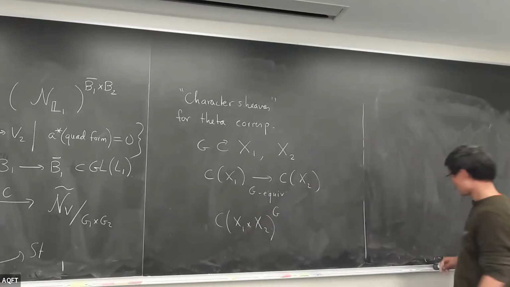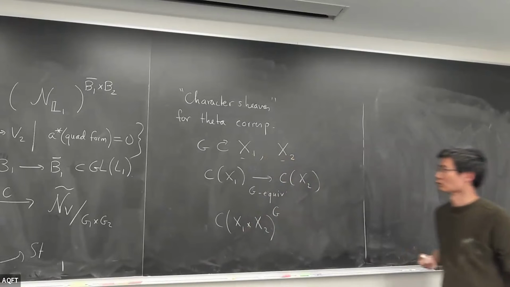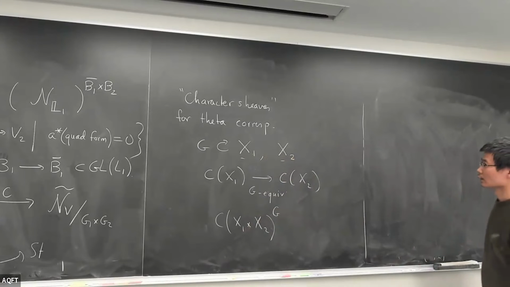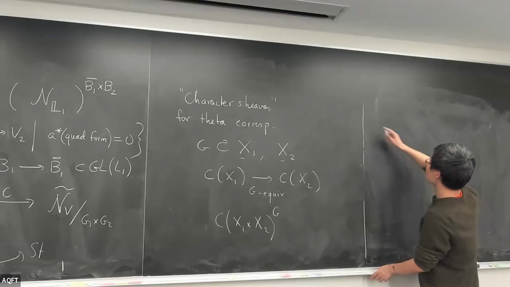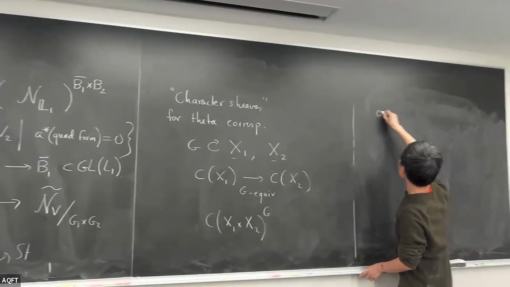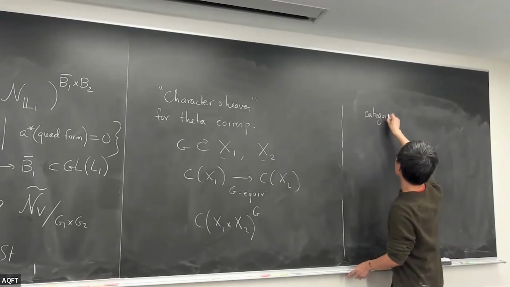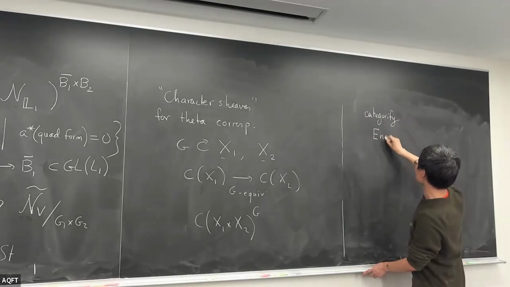Now let's specialize to theta correspondence, which is not of this kind. That's what makes it interesting. It's not the cotangent of some spherical variety. Nevertheless, when we categorify self-intertwining operators.